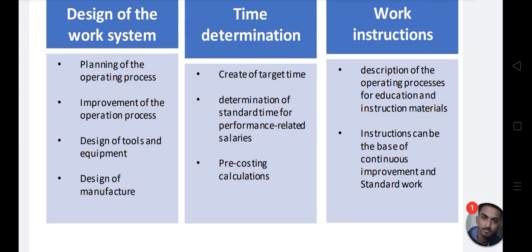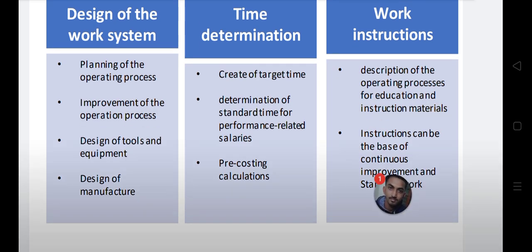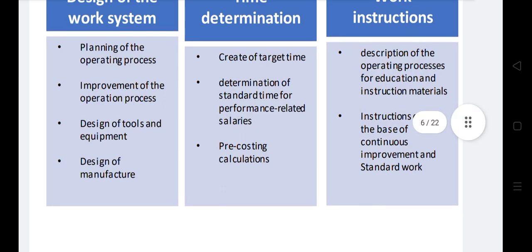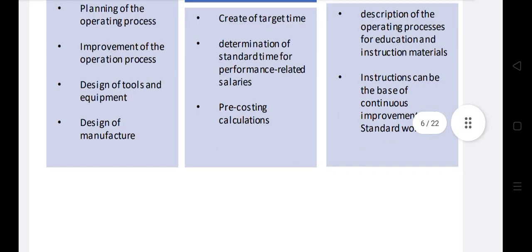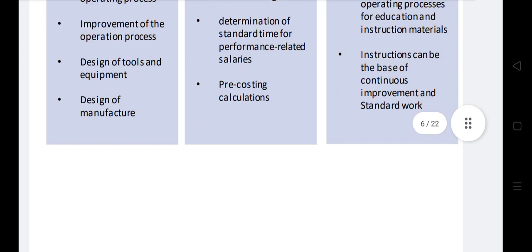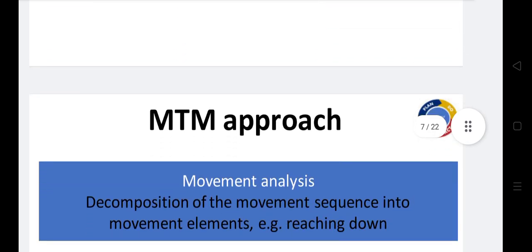Time determination: creation of target time, determination of standard time for performance related salaries, pre-costing calculation. Work instruction: description of the operating process for education and instruction material. Instruction can be based on continuous improvement and standard work.